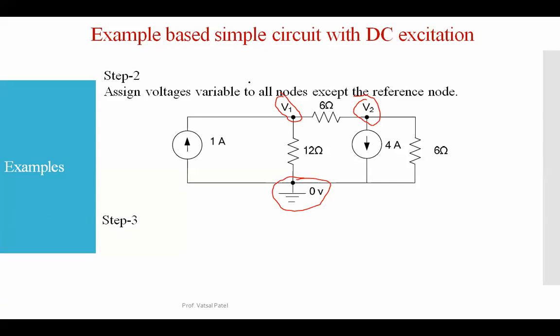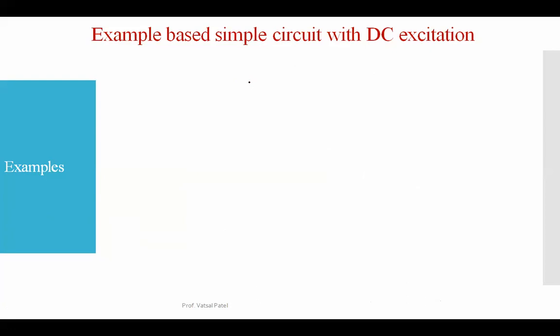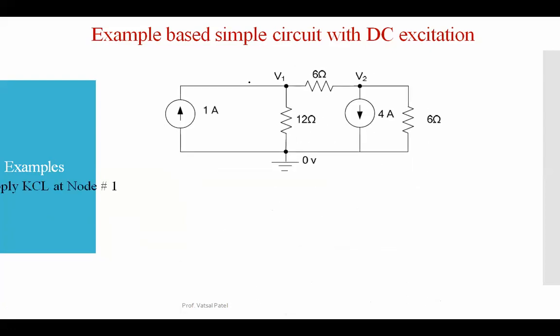Now step number 3, apply the KCL at each node except the reference node. In this step, for each node we assume that the branch current is leaving the node, and then we write the branch current value. So that is the secondary thing. First of all, we apply the KCL at each node.